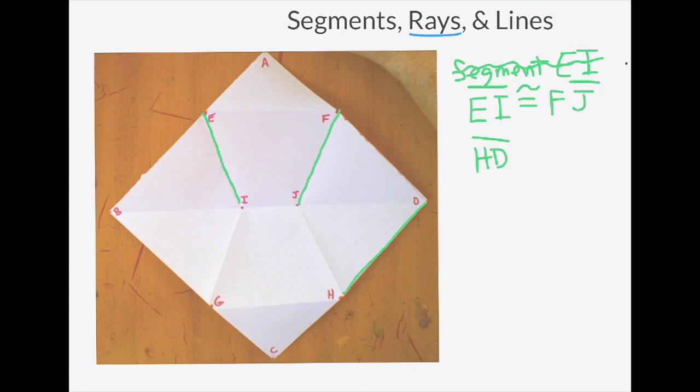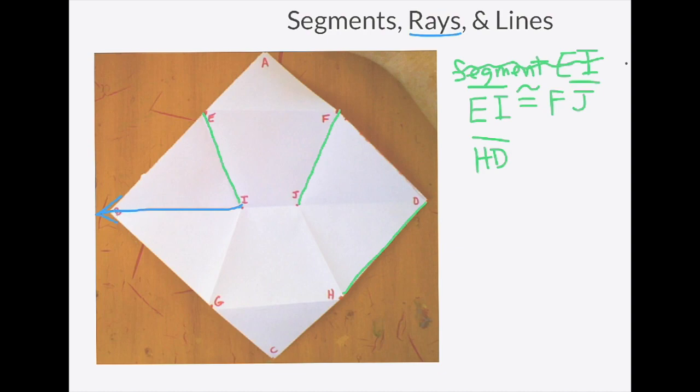Well, a ray starts at a point and goes all the way in one direction through another point. Another way to think of it is, in this case, in blue, I is like the sun, and it's shining a ray of light towards B, and that ray of light goes forever, in this case, towards the left.